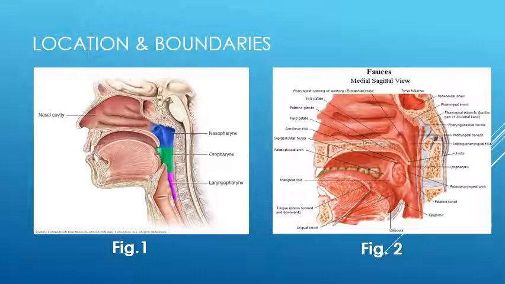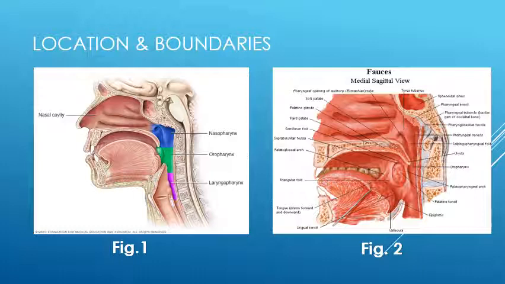Removal of the foreign body can sometimes lead to injury to the internal laryngeal nerve, which causes anesthesia of the supraglottic part of the larynx. So these are the three parts of the pharynx.